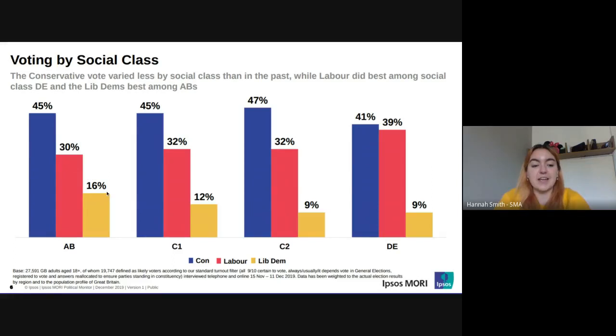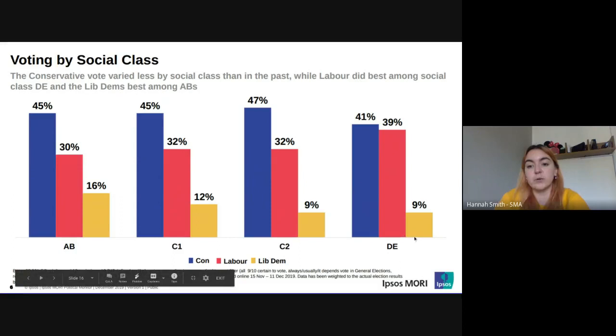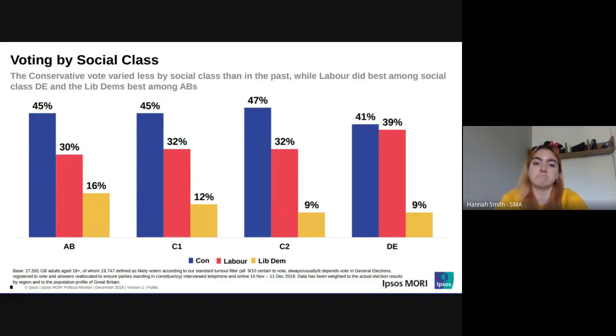We then see in AB that it was about 1/3 of AB, Class AB, voted for Labour. The same in C1 and C2. DE is the only one that we see is slightly higher, and that would be expected, but the Conservative is still a shock. So looking at that, would you say social class matters?